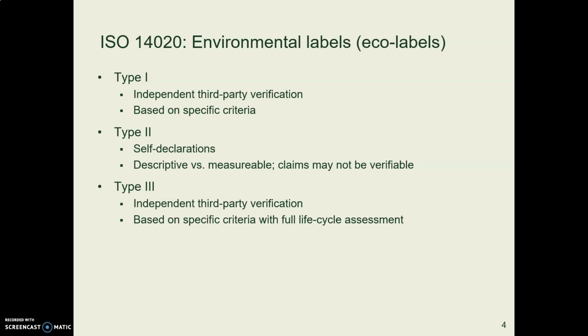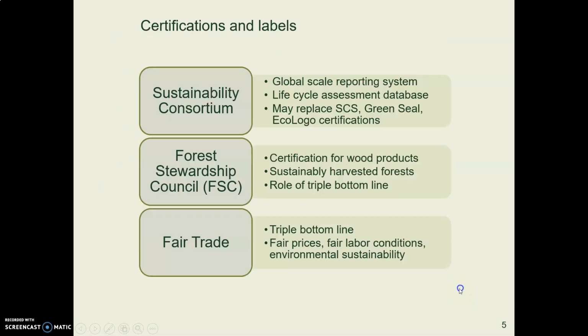They're totally independent, and their business is going around to other organizations and auditing their plans and their data to verify that they do what they say they will do. Type 1 is perhaps the most common. Type 3 is similar, but it's more rigorous. It involves a full life cycle assessment, and in the next lecture we'll look at what that means.